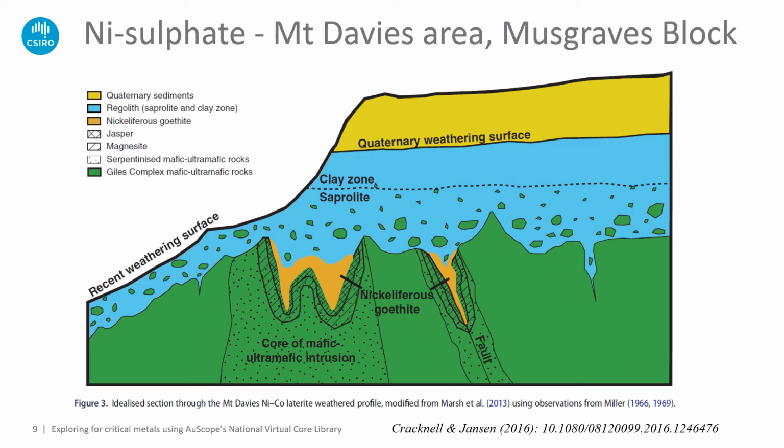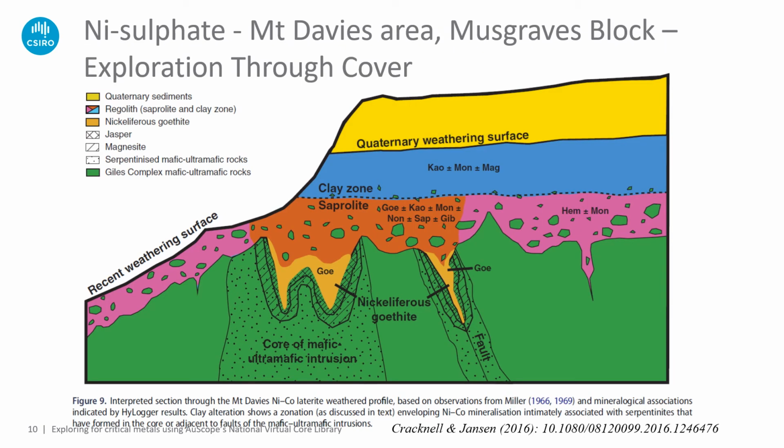The clay zone and saprolite zone are not very well characterized in this original diagram, but our colleagues from UTAS used the HyLogger data to get more information about the mineralogy, especially the clay mineralogy of the saprolite and the clay zone. They identified a certain typical mineral assemblage in the saprolite that develops on top of these weathered mafic and ultramafic intrusions. So this helps us when we are trying to explore for nickel sulphide deposits through cover or in the cover.